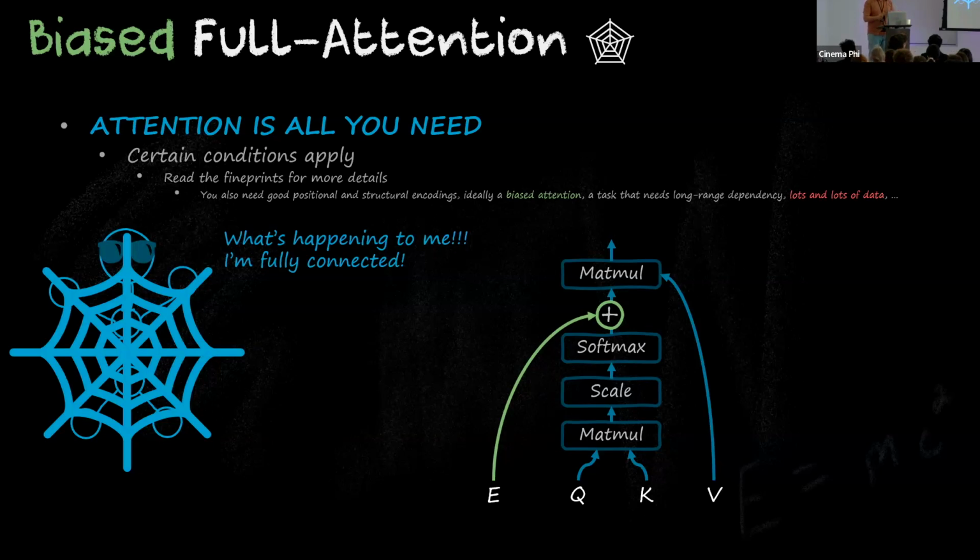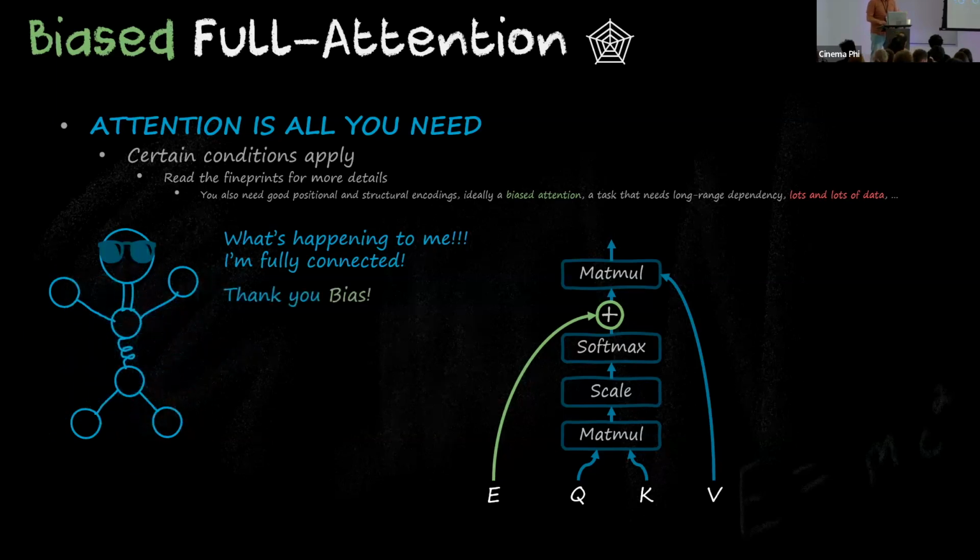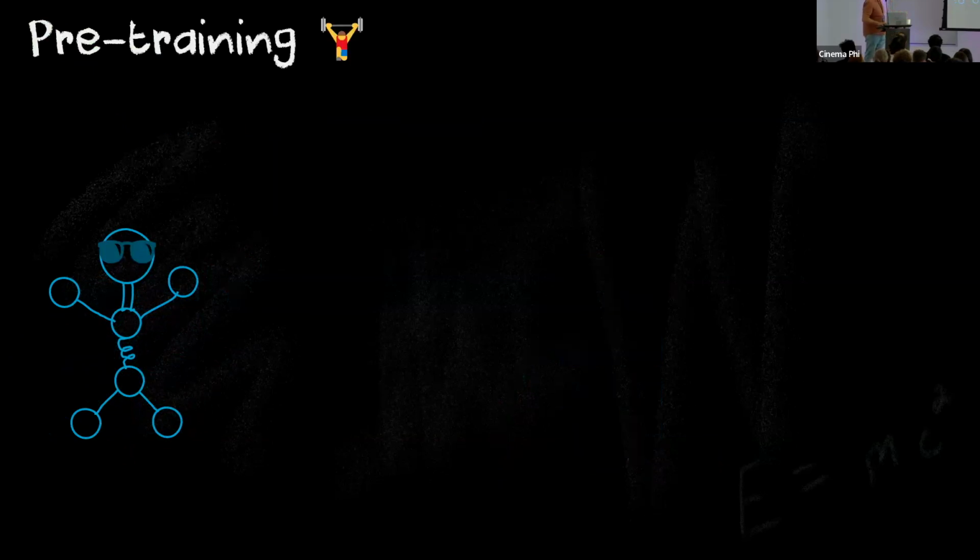You can even bias the attention to treat real connectivity, like covalent bonds, differently than non-covalent bonds, and that will allow the attention to have more bias towards the actual structure of the graph, rather than just trying to learn everything from scratch from the positional and structural encoding that you give it. So thank you, bias. Graph can now retrieve its own structure.